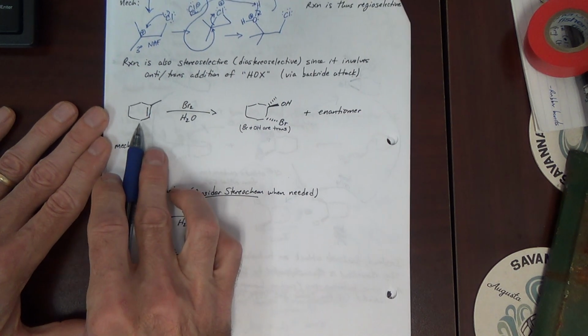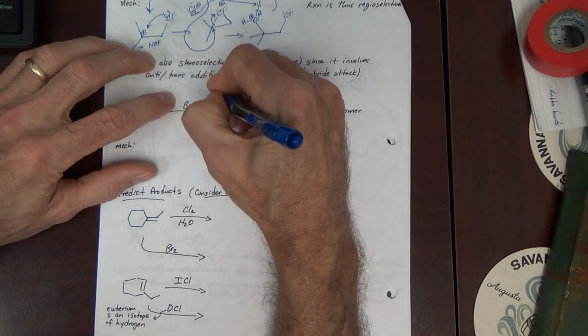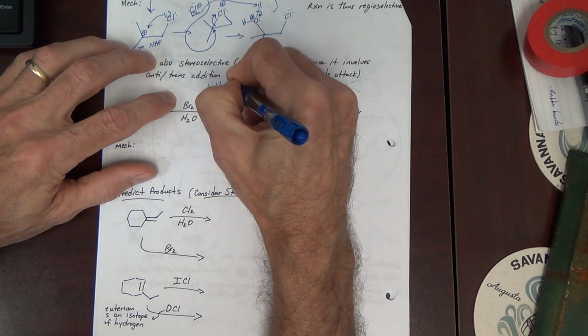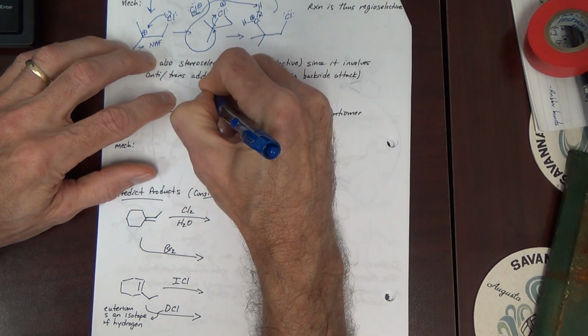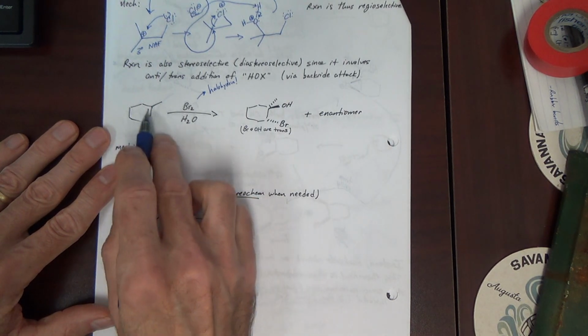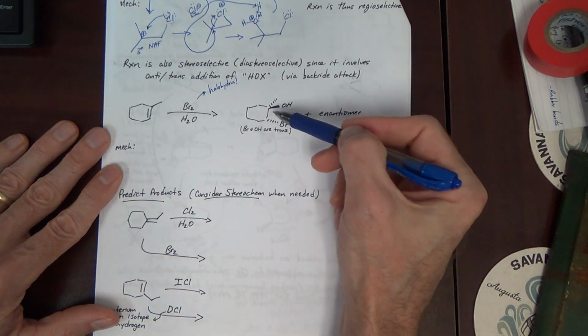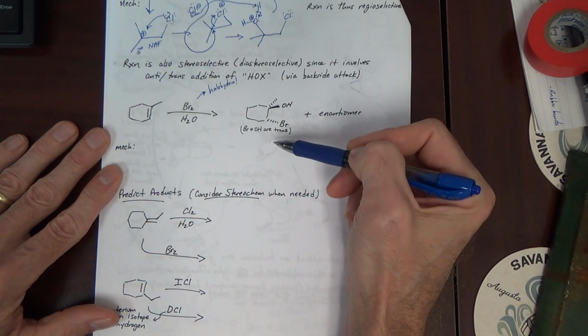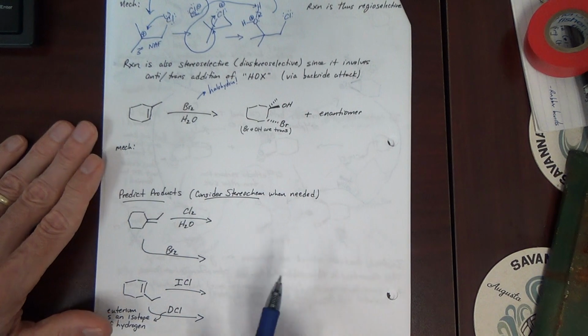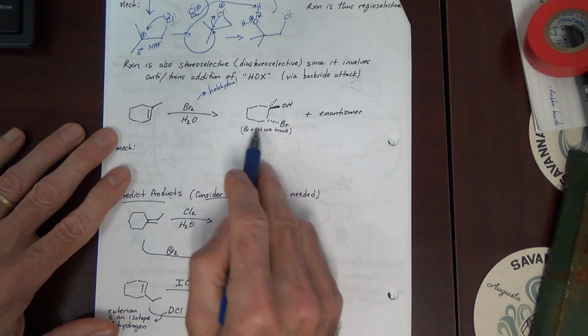If you take this alkene reacted with bromine and water, first off, we see that we're making a halohydrin. You need to know that: halogen and water, alkene. But what's going to be the regiochemistry and what's going to be the stereochemistry? We're going to get this product here.